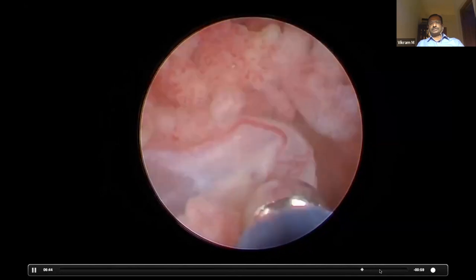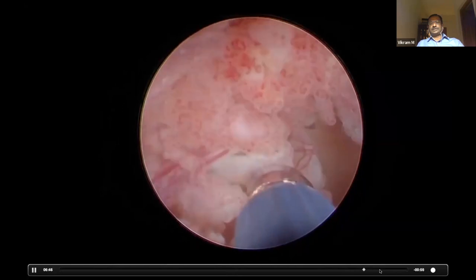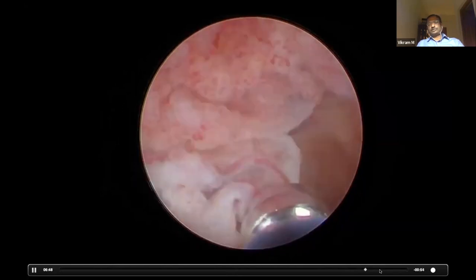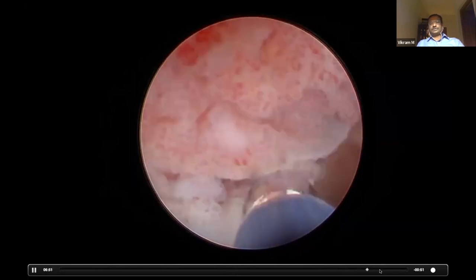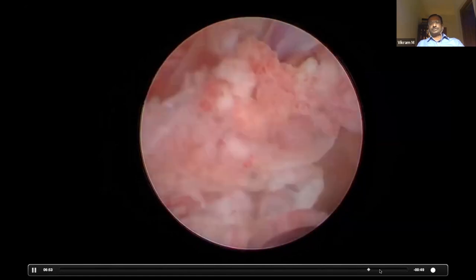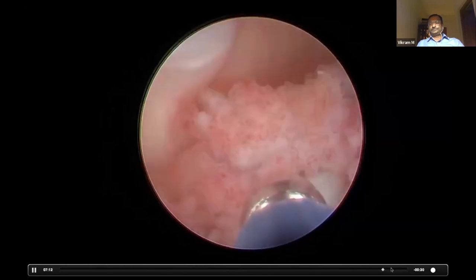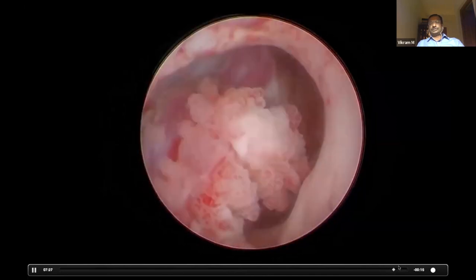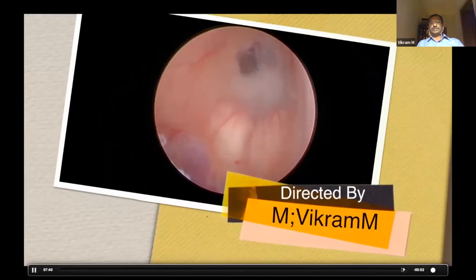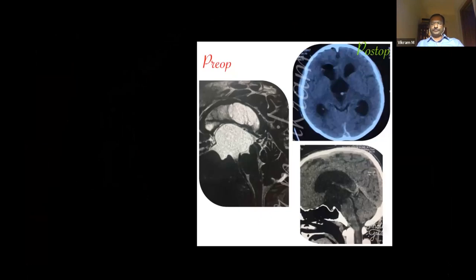The huge advantage of using the endoscopic bipolar is that it helps us to have good control without much problem. Close to the end, it was shrunk and the ventricle was left without any obstruction.